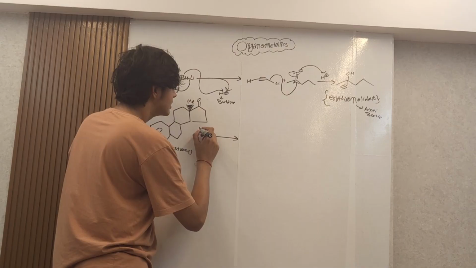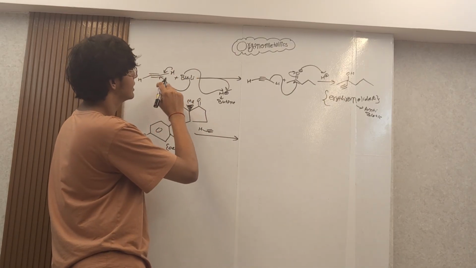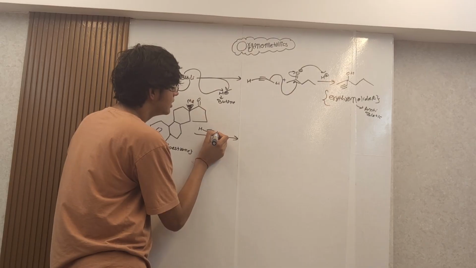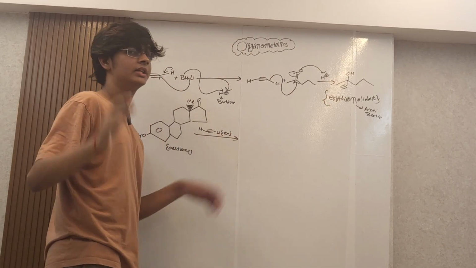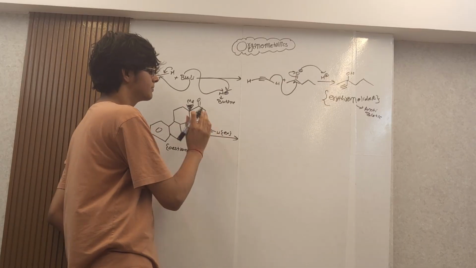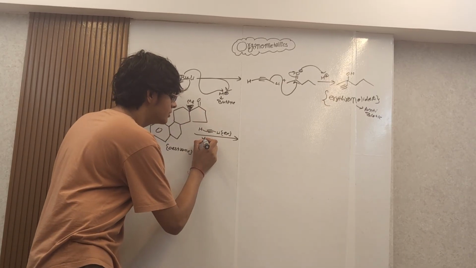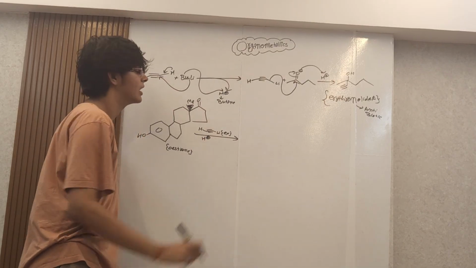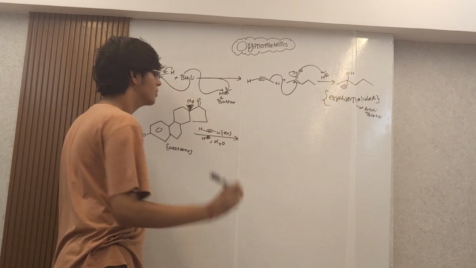So what we'll do is take the alkynyl lithium in excess, alright? That means we'll take a lot of the ethynyl lithium and put it in a solvent that will give it H plus, which would give it H2O.